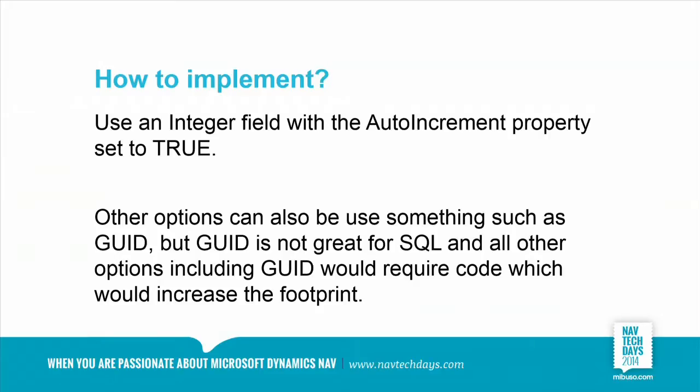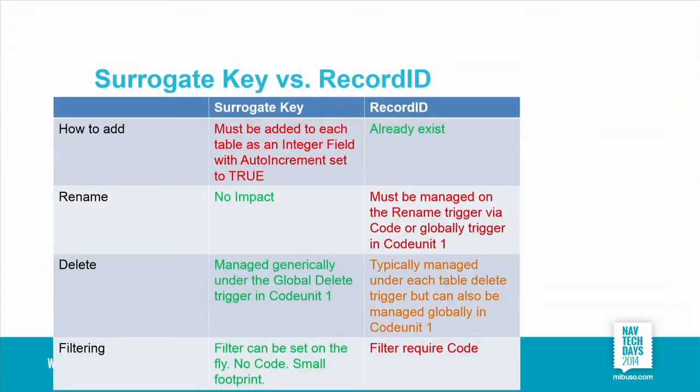They don't really perform well, especially if you start having them in keys. And the other thing was that GUIDs or any other way of creating a unique identifier would require me to put code on every table. I didn't want to do that. I want to make my footprint as small as possible. So the auto increment and the integer field seems like the obvious solution.